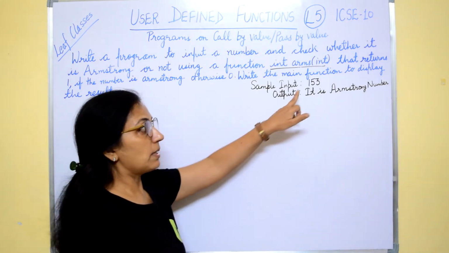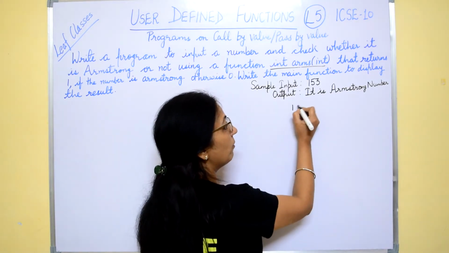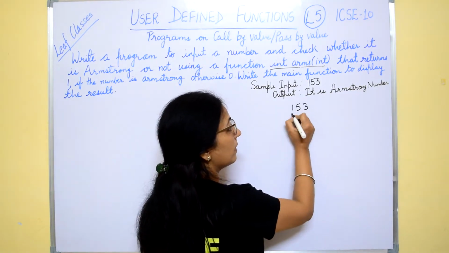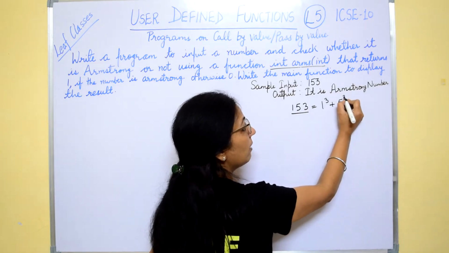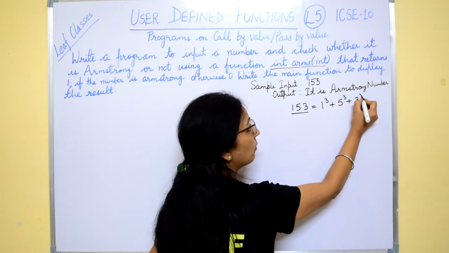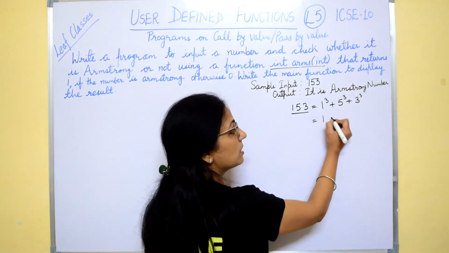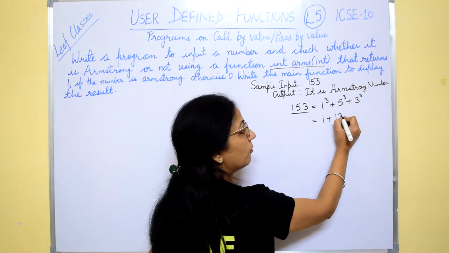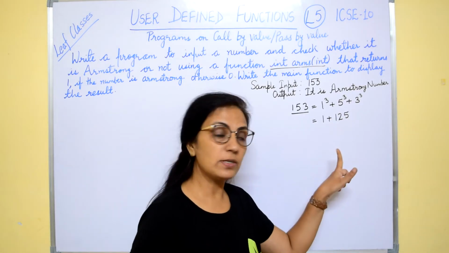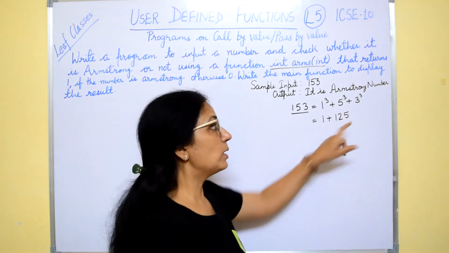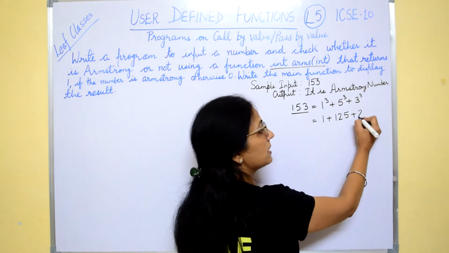So I suppose all of you know what is an Armstrong number. 153. If you find the cube of the individual digits of the number and you add them, 1 cube is 1 and 5 cube is 5 into 5 into 5. 5 5s are 25, 5 25s are 125, plus 3 3s are 9, 3 9s are 27.